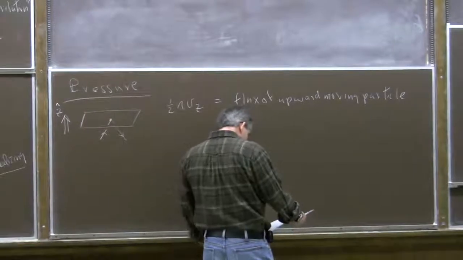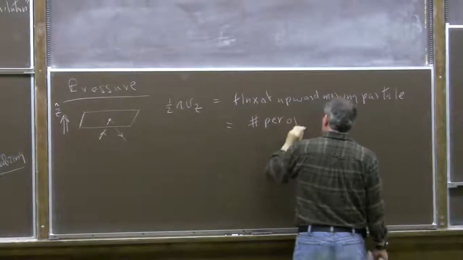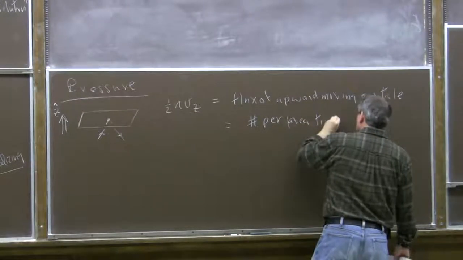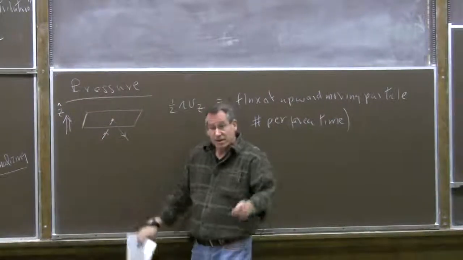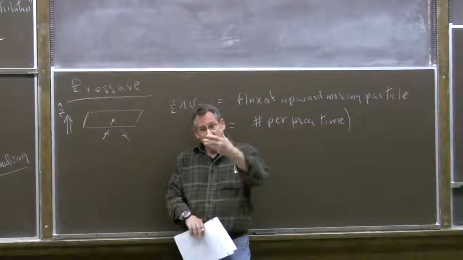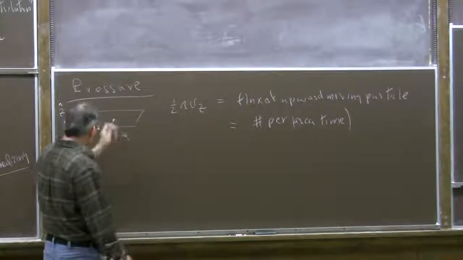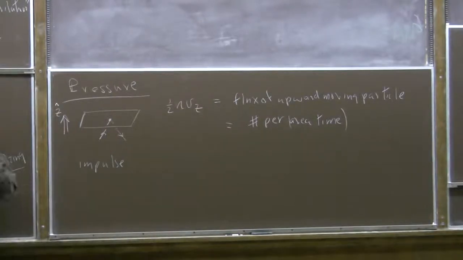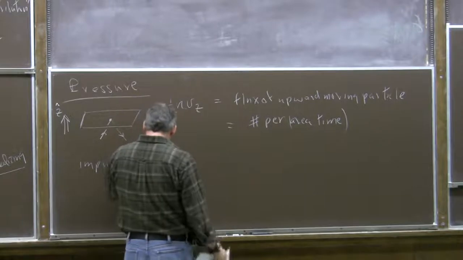Again, by flux, I mean number per area and time. And each time a particle bumps into the wall and bounces off elastically, it will give an impulse to the wall, which is twice its z component of momentum. Since it has upward momentum, mv_z, in the z direction before the collision, and downward momentum, mv_z, after the collision, the change in momentum is 2mv_z.